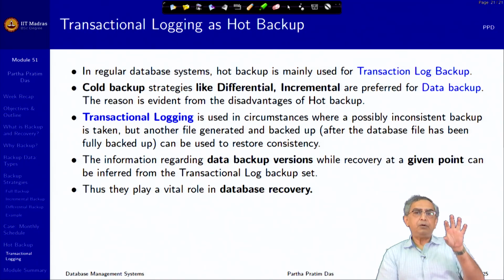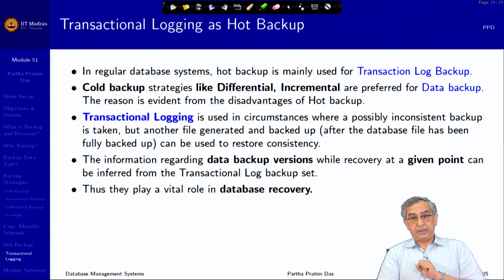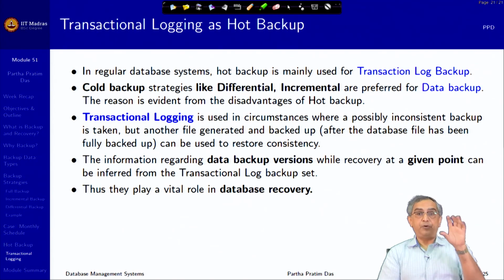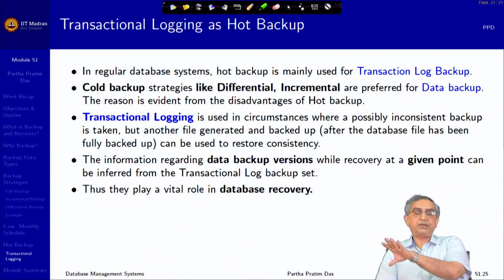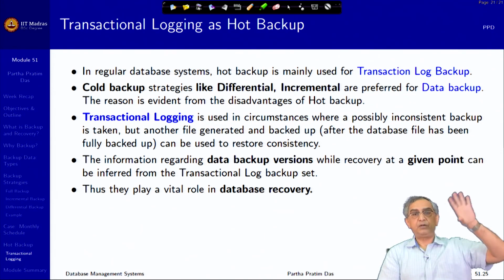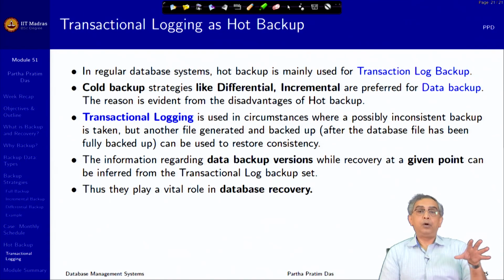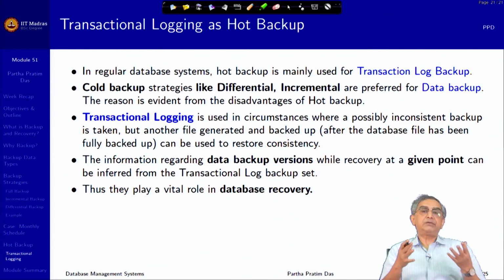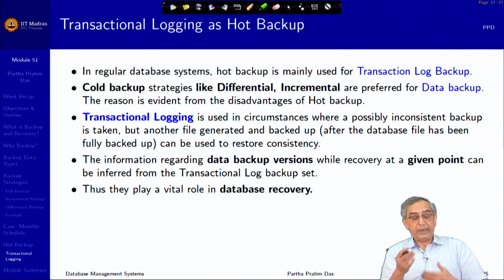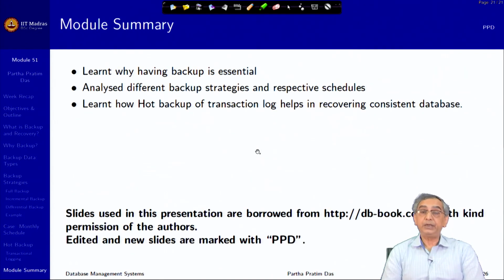So, the transaction log usually is much lighter compared to the actual database, and you can have points where the transaction log is consistent with the database completely, and therefore, you do not need the previous log anymore. So, how you use this transaction log in hot backup and what is transaction logging is going to be the next thing that we are going to discuss while we talk about the recovery in transactions.